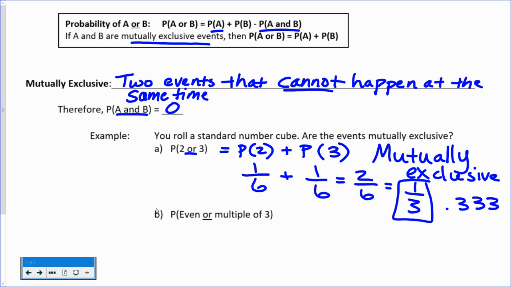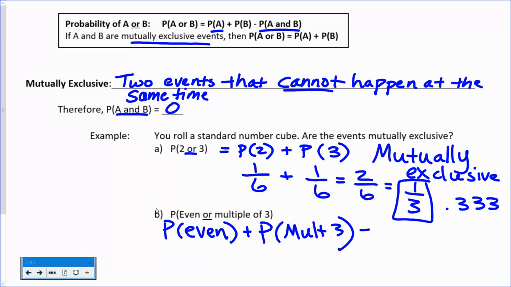Okay, part B. Next, I'm going to find the probability that it is an even number, or means I'm going to add the probability that it would be a multiple of 3. And then, could I have an even number that is a multiple of 3? Yes, I can. So these can happen at the same time. So these would be not mutually exclusive events.